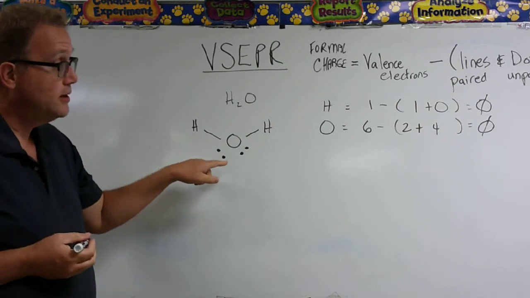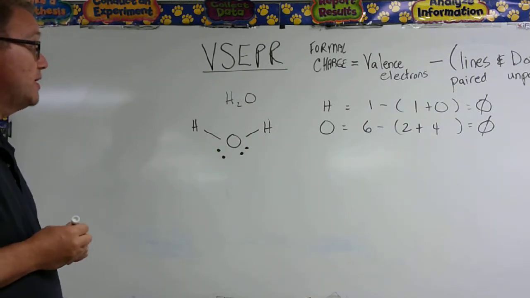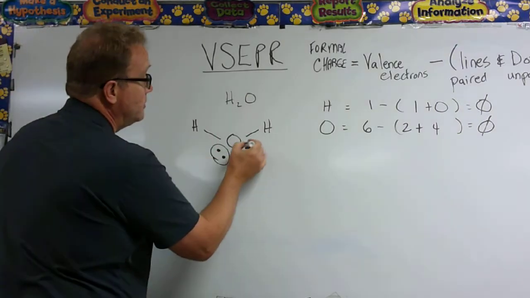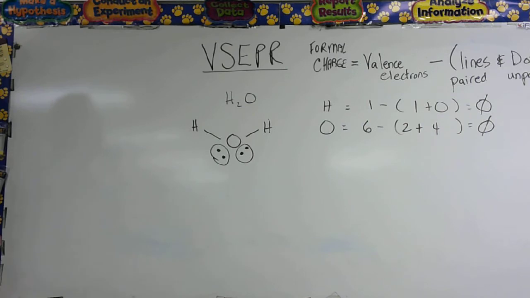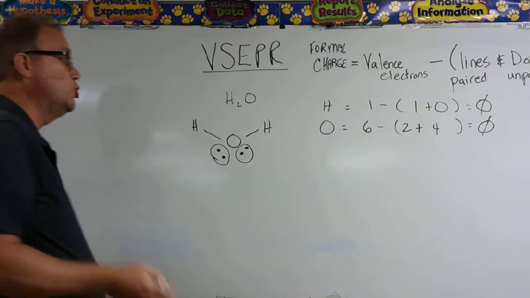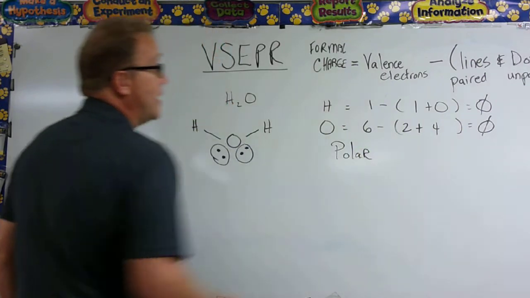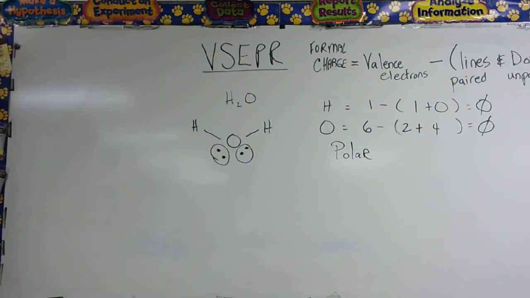This one, again, I have to go through some of the classifications to get started. But these parts here are actually what make this thing polar. If I have dots around my central atom, that is called a polar molecule. And we're dealing with covalent compounds. Those are considered polar.